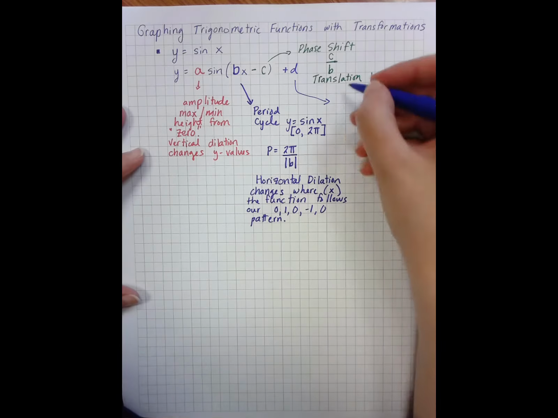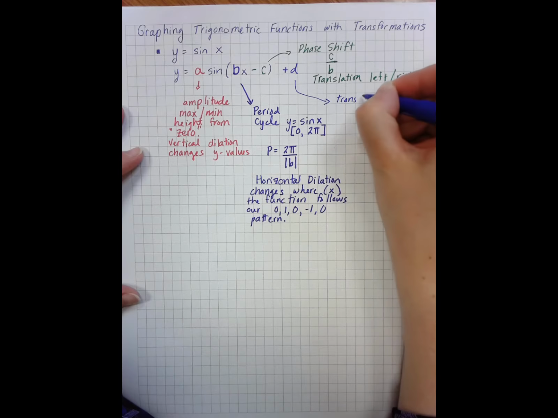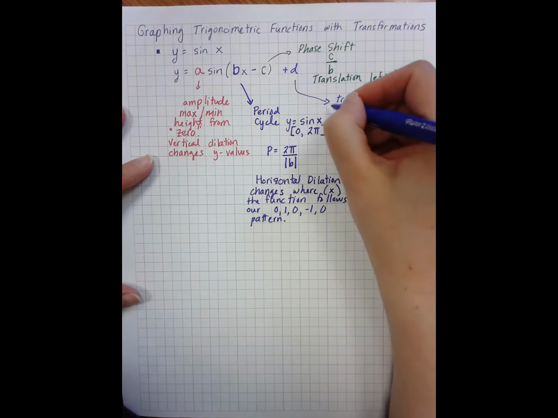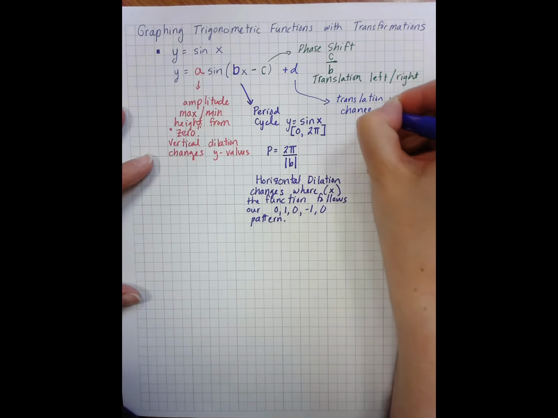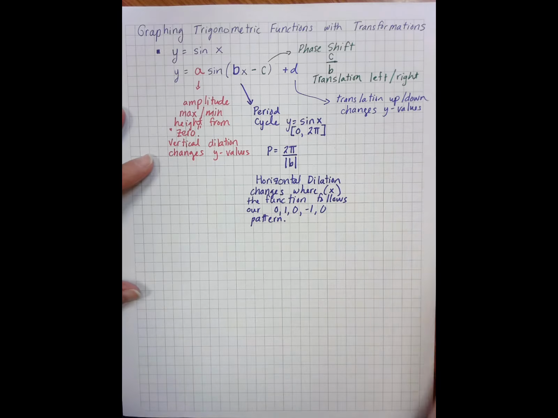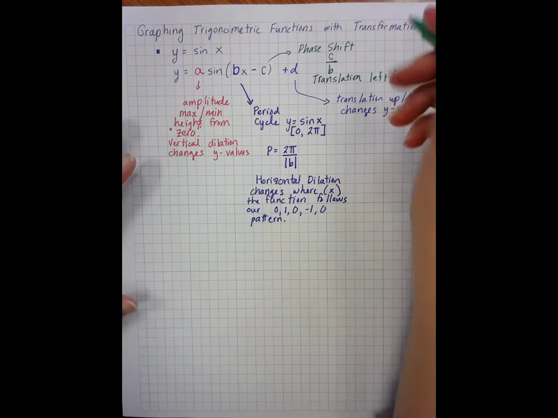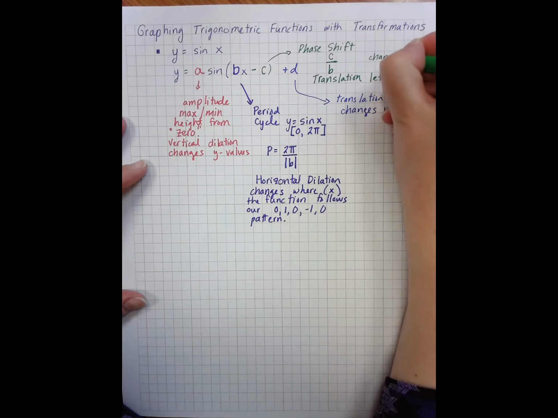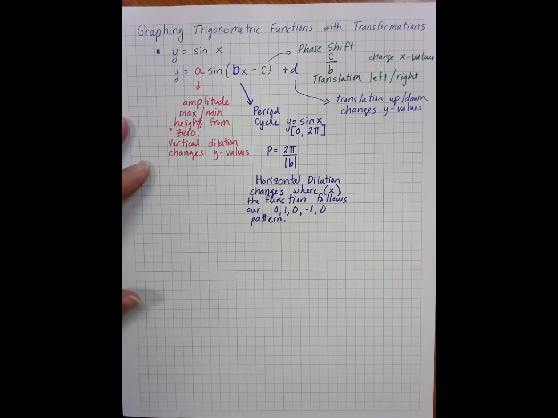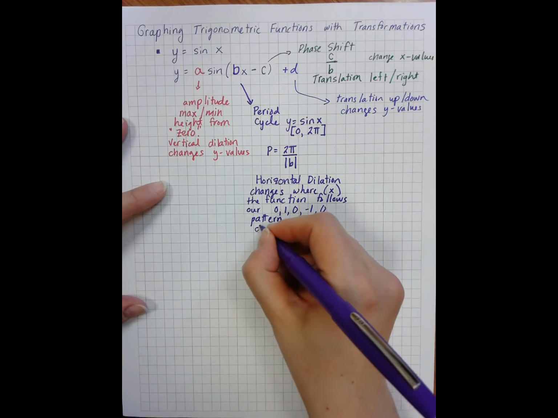So we call this a translation up or down, and it changes our y values. Where this translation left and right are going to again change our x values. Change x values, as does our horizontal dilation.